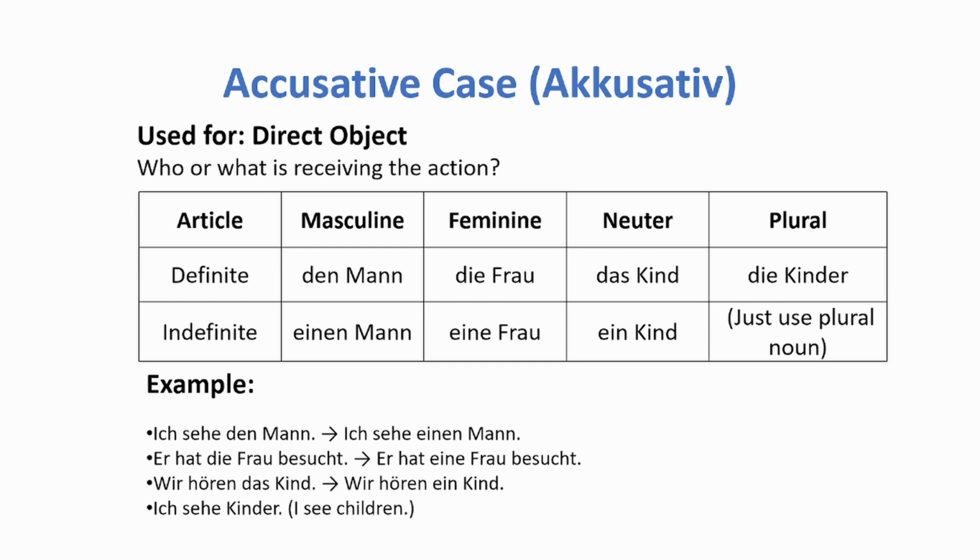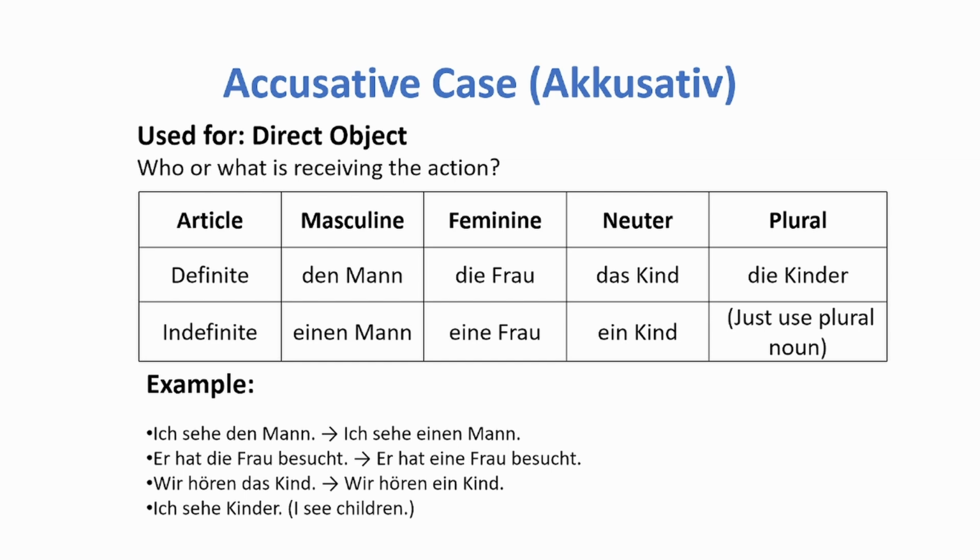So let's see the definite and indefinite articles. Definite article: den, die, das, die. Indefinite article: einen, eine, ein, and similar to nominative case, we use just the plural noun.